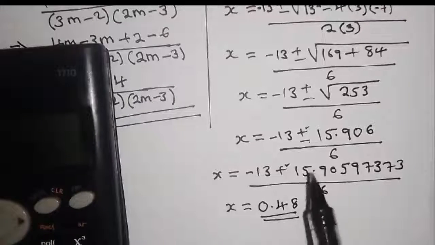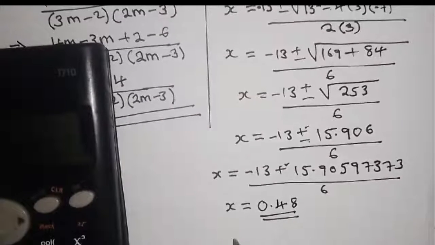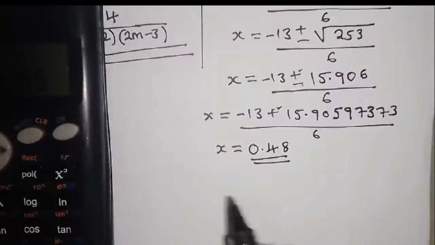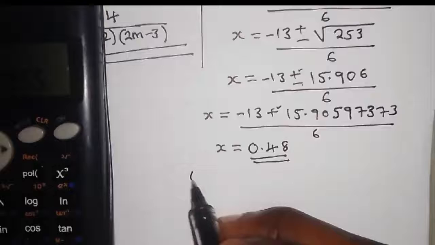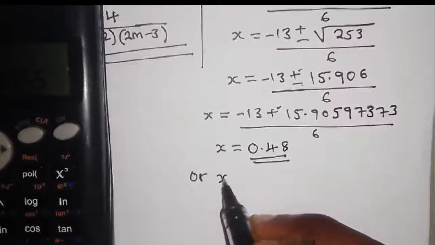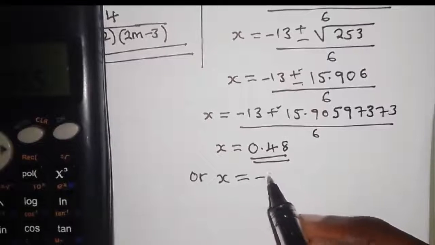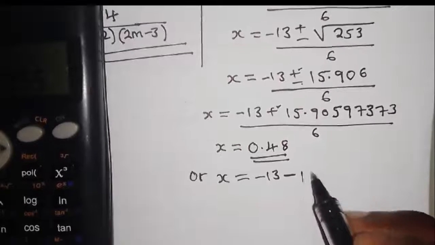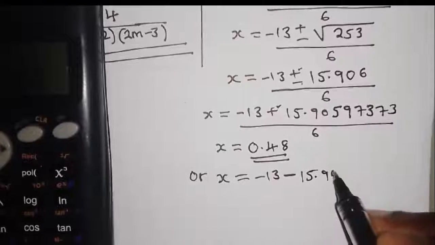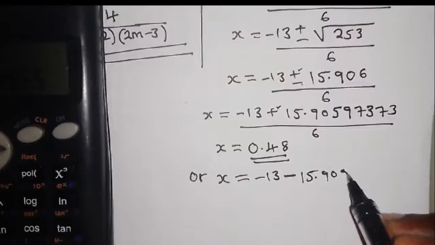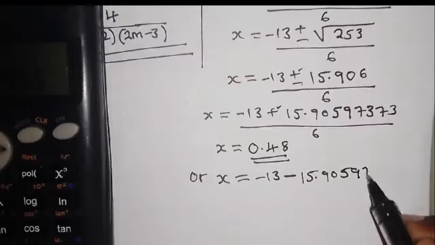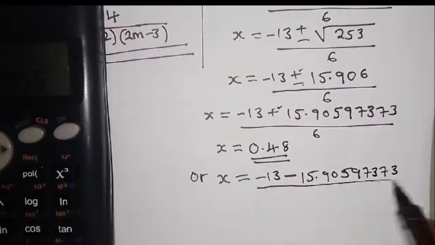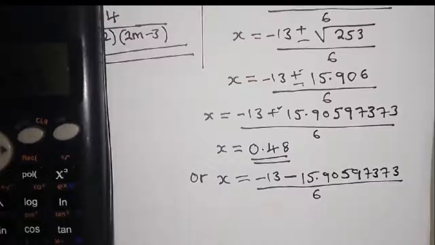Now, this is the answer when we have chosen the positive sign there. So we are going to say x is equal to negative 13 minus, now this time it is minus, same thing, 15.905 7373, divide by 6.